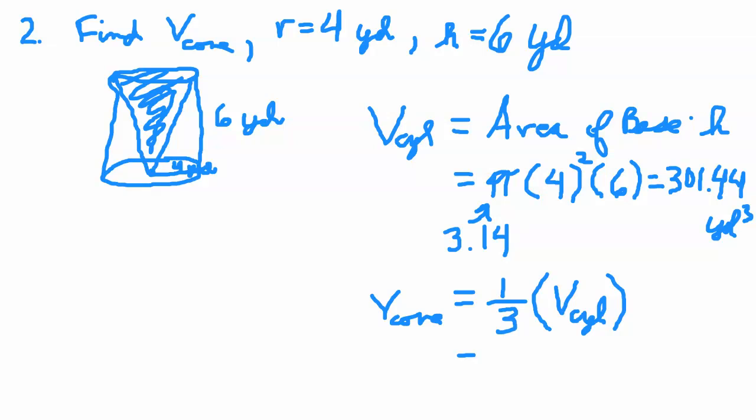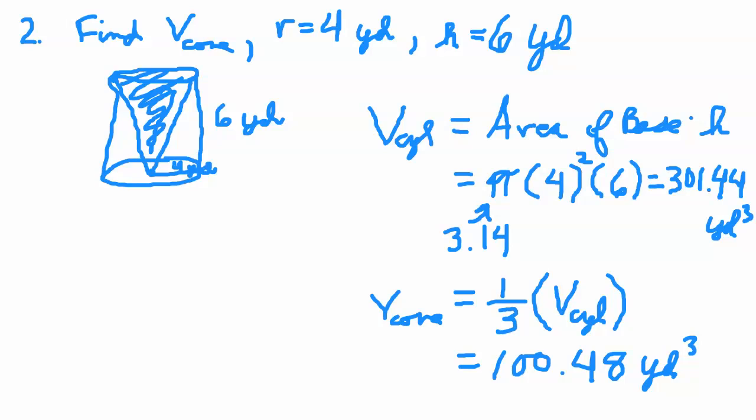So all we have to do is take our 301.44 and divide that by 3, and we get 100.48 cubic yards.